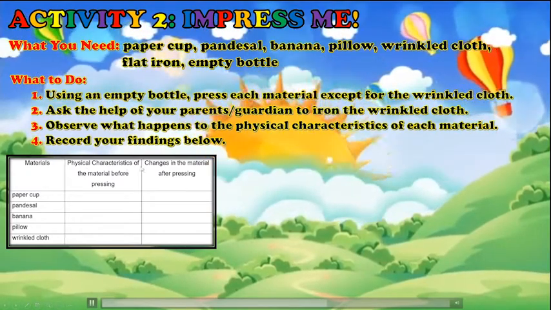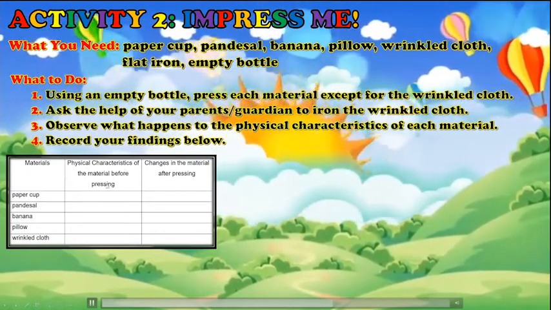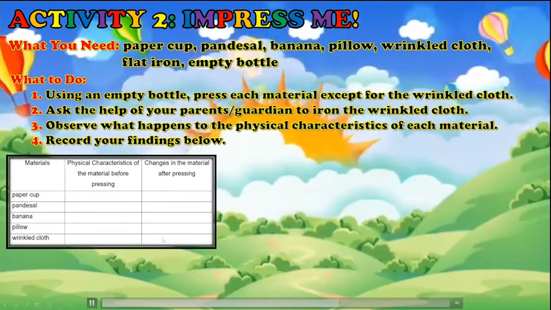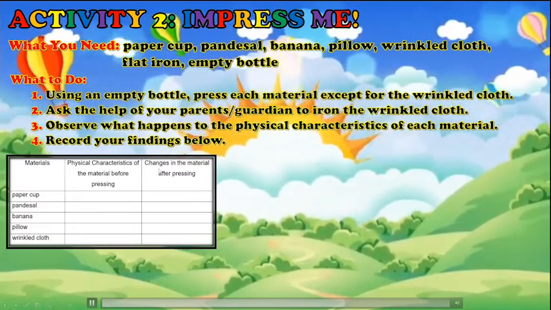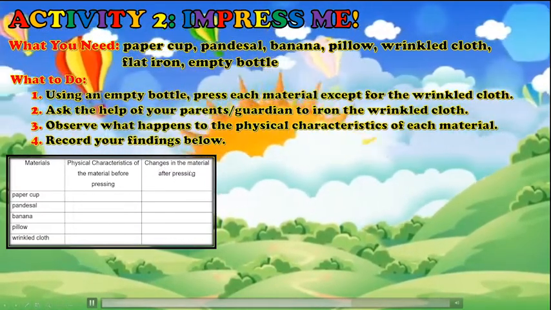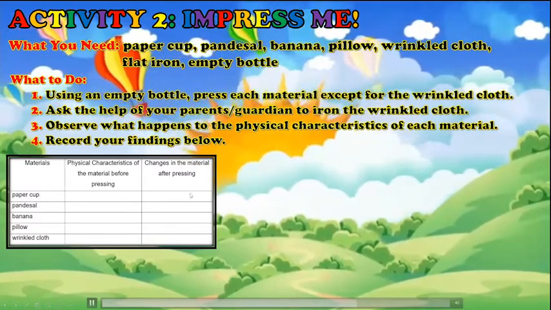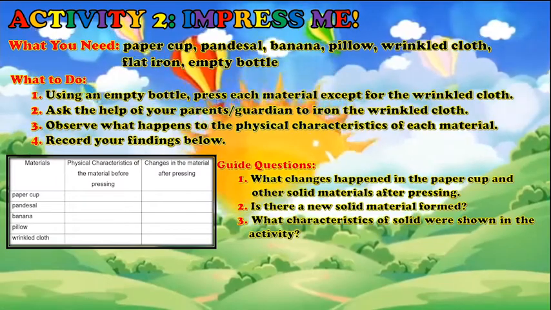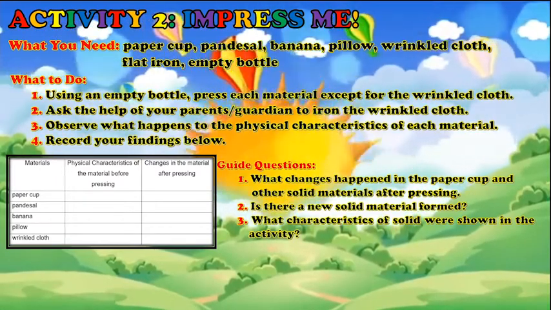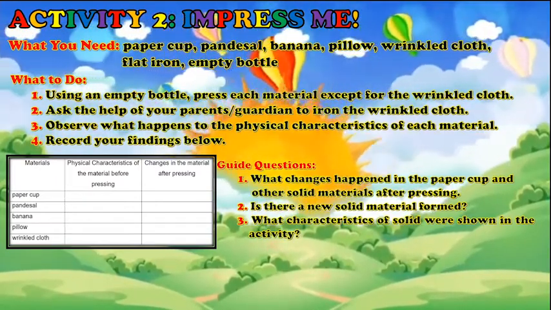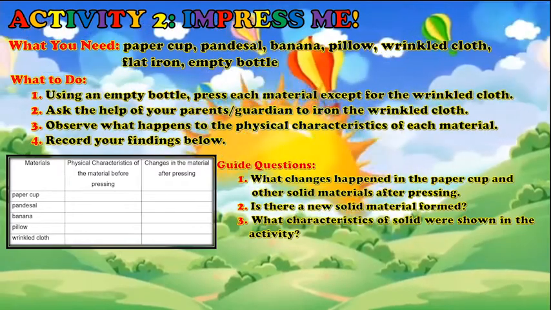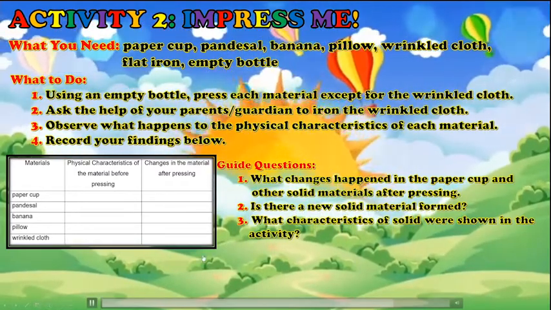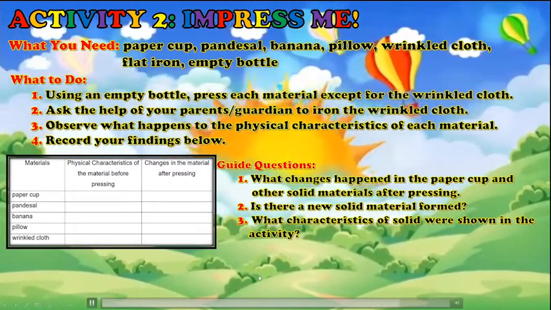In the second column, you are going to write the physical characteristics of each material before pressing. And in the third column, you are going to write the changes in the materials after pressing. Below, you will see and answer the guide questions according to your observation in the activity. You may write your answer in the space provided in the module.